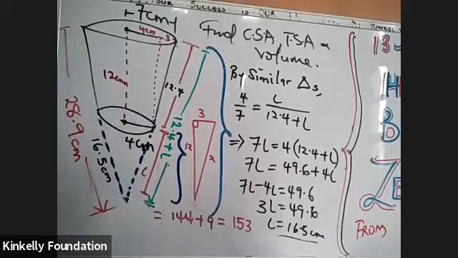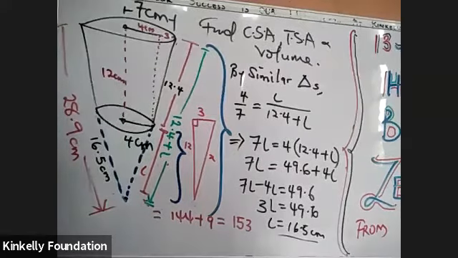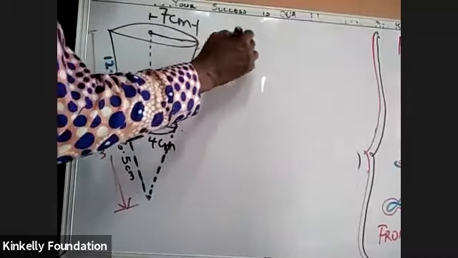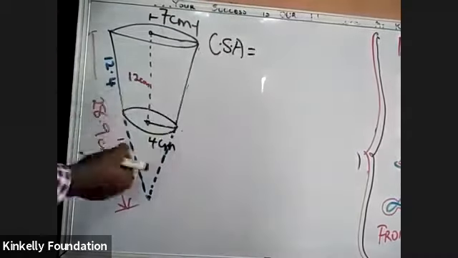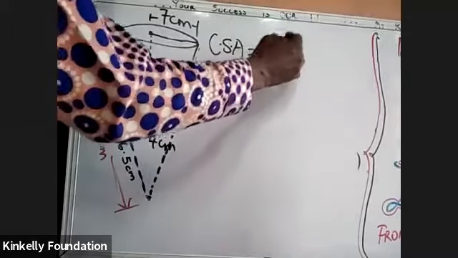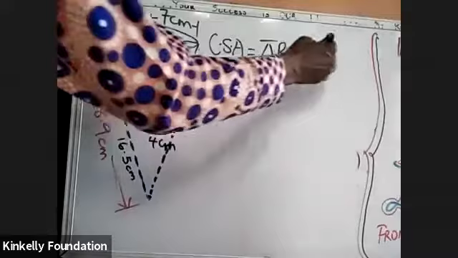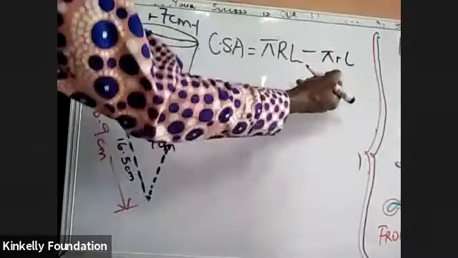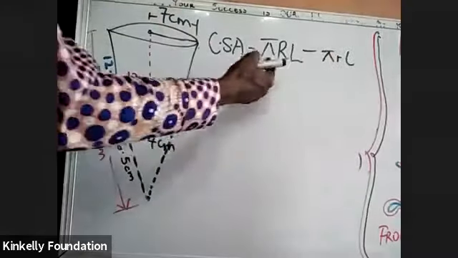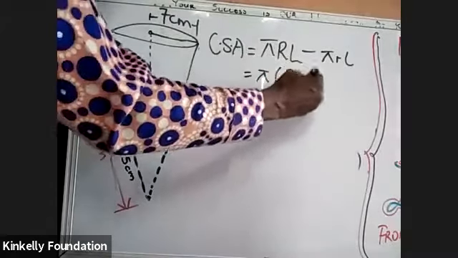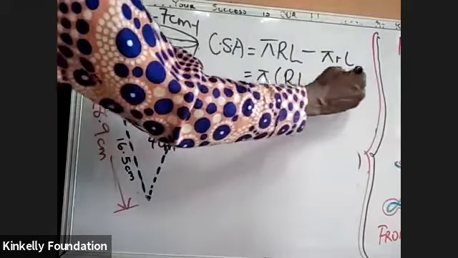Now we are going to look into getting the CSA. For the CSA, the curved surface area of the frustum will be the CSA of the bigger cone minus the CSA of the smaller cone. Remember that they have the same pi, which comes out: big R L minus small r l.